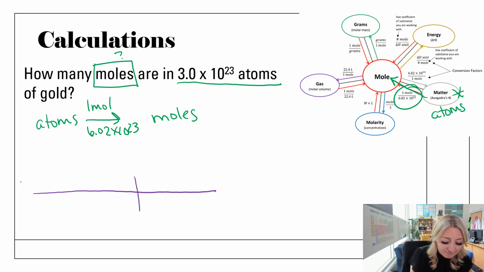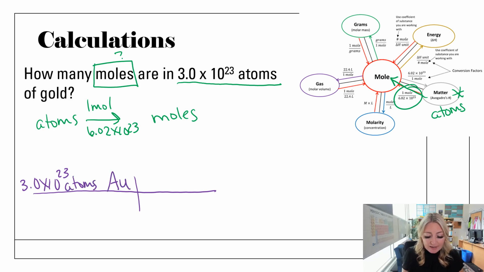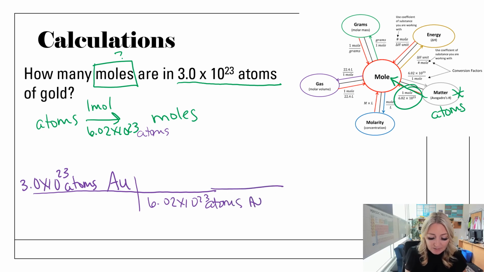I have 3.0 times 10 to the 23rd atoms of gold, Au. And my conversion factor, I want to cancel atoms. So that's going to have to be on the bottom. 6.02 times 10 to the 23rd atoms of gold. And that is per mole of gold.